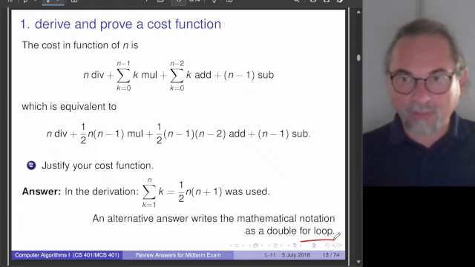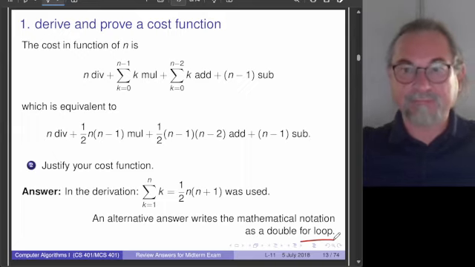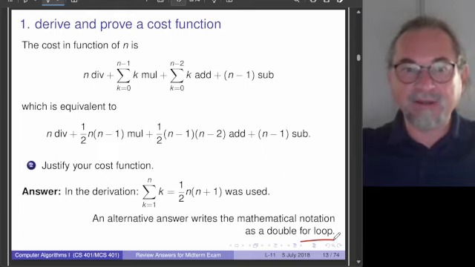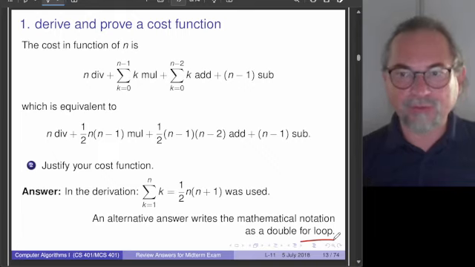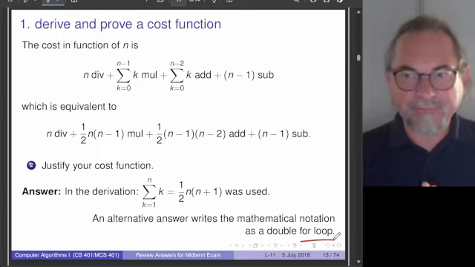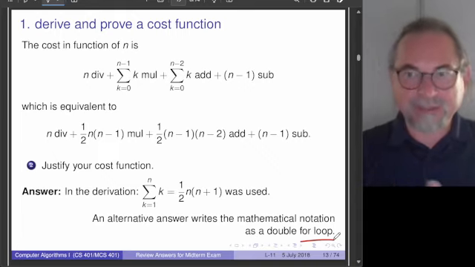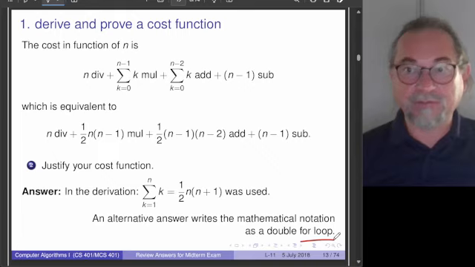A double for loop runs n steps in the i, as we observed as well. And then we have the number of steps in the second for loop. In the body of the loop, we have a constant number of arithmetical operations, but we have this factor n minus i, which is the number of steps that you do in the innermost loop. So that's an alternative answer, which I'm here saying in words.